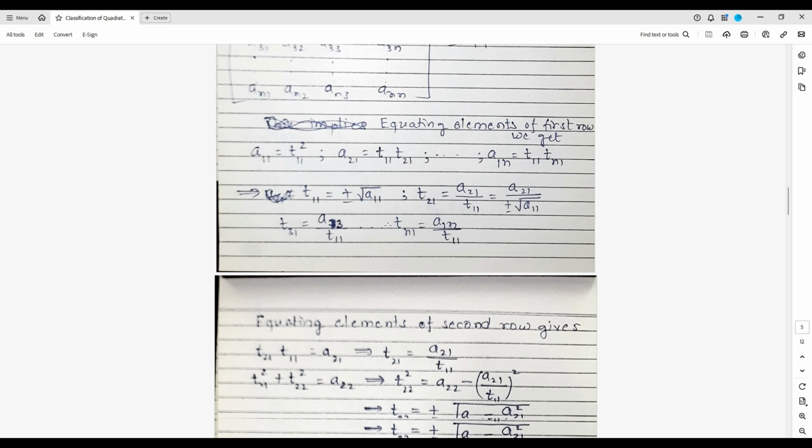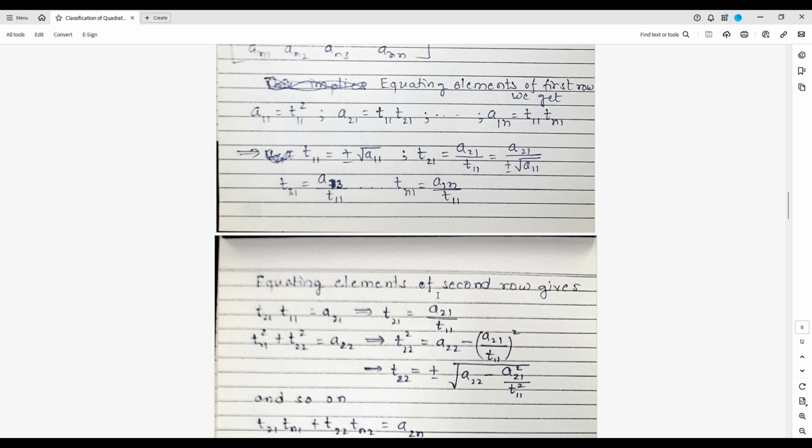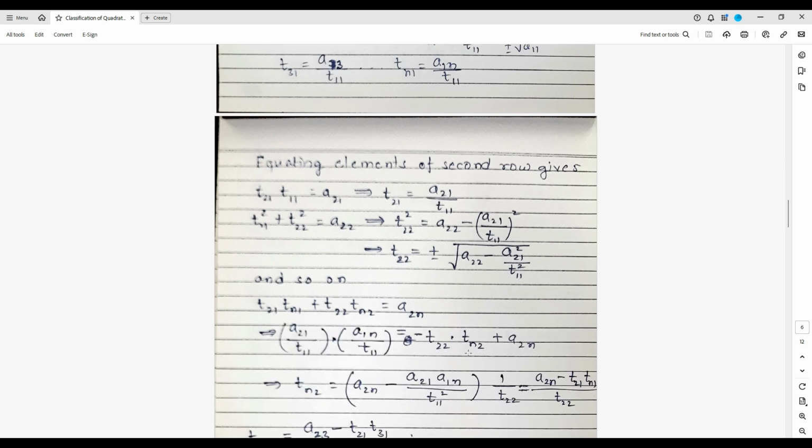and so we can ignore the negative roots here. Similarly, if we equate the elements of the second row, we get T21 as A21 upon T11, T22 square as A22 minus A21 upon T11 whole square. So this will give us T22 like this and so on.